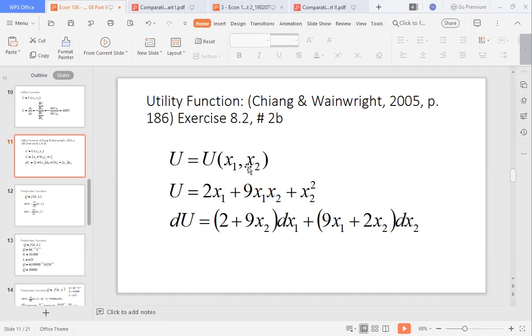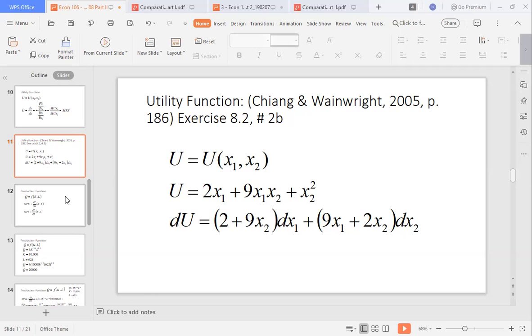So to get the total differential is just the same as, again, getting the partial derivative first, multiplying it to the change in x sub 1, and adding it to the partial derivative with respect to x sub 2, multiplied by dx2. Because we don't have much detail, eto lang yung, this would be our total differential.